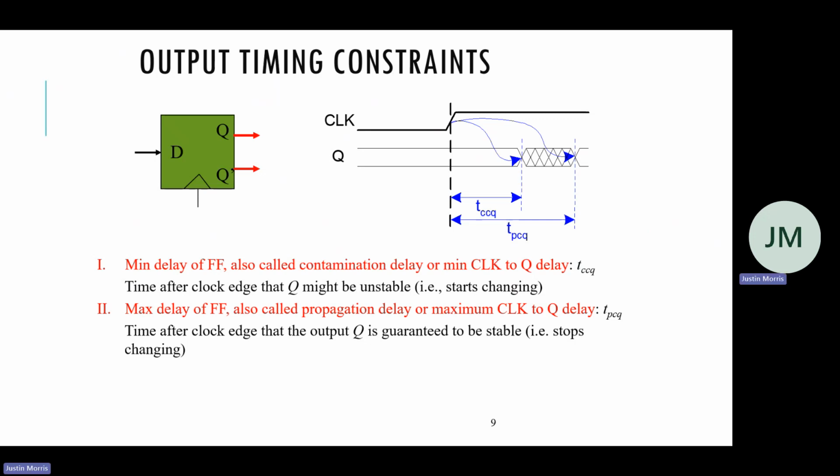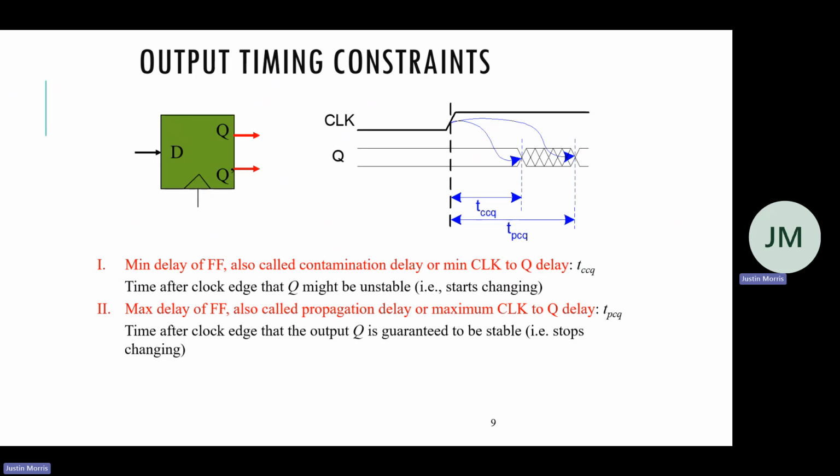So if we look at a flip-flop, we are also having these timing characteristics. The first one is the minimum delay of the flip-flop, the contamination delay. We are calling this TCCQ, the clock to contamination clock to Q. So this is the time after the clock edge that Q might be unstable.